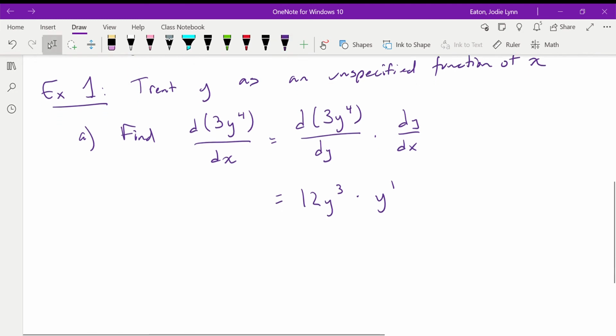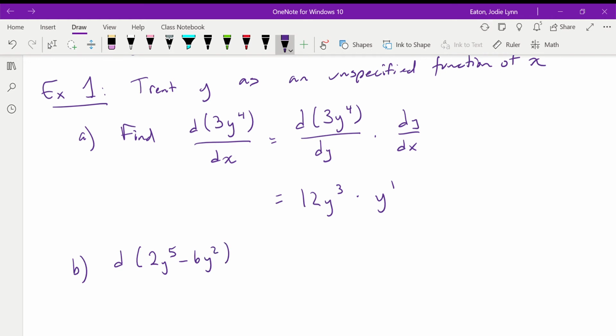Okay. And now we're going to also find the derivative of another combination. So let's find the derivative of 2y to the fifth minus 6y squared with respect to x. Again, we are going to use the chain rule because we're treating y as some unspecified function of x.